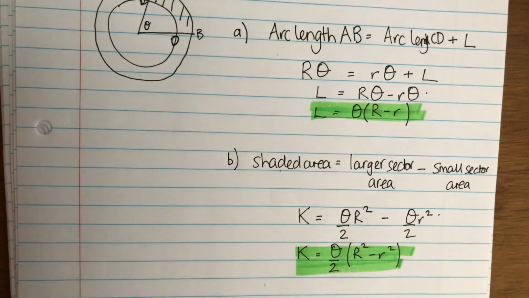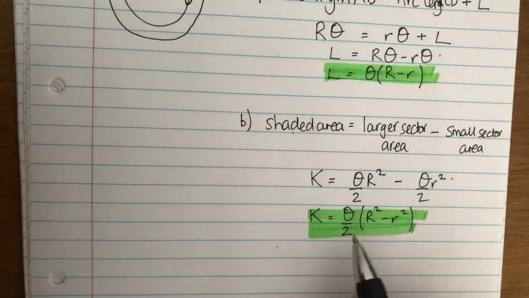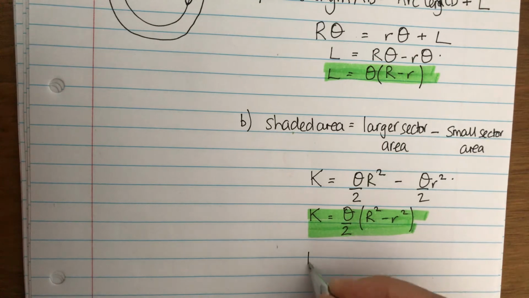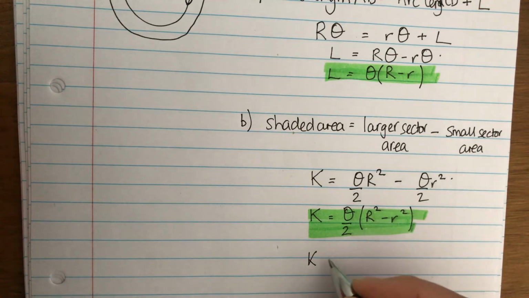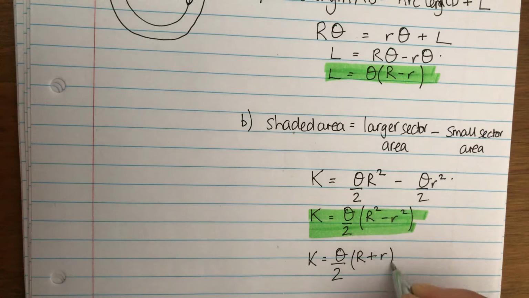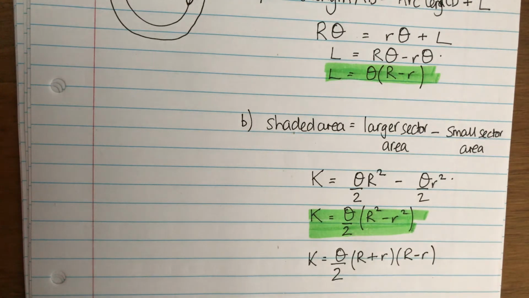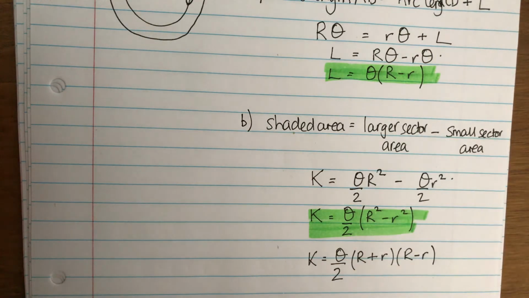But what I've spotted straight away, which I think will be the difficult thing for people to spot, is that here I've got a difference of 2 squares. So I can simplify this into big R plus little r times big R minus little r. And this is where I'm going to be able to start simplifying.